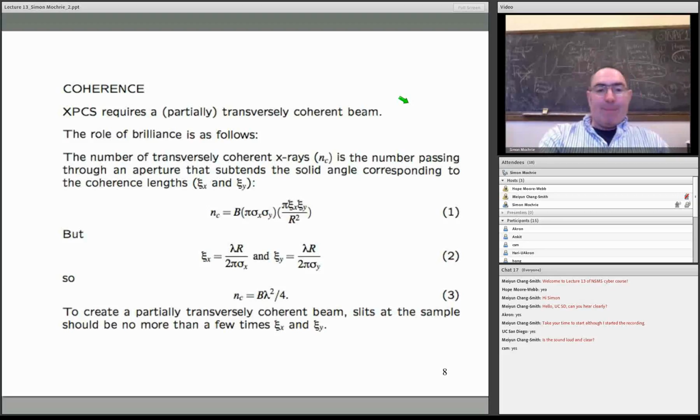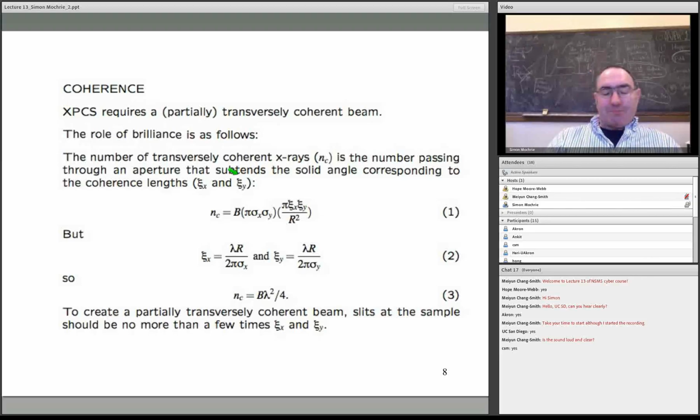And one can actually calculate the number of transversely coherent X-rays in the beam, which is sort of the number of useful X-rays for XPCS experiments. And that's the number that passes through an aperture that subtends the solid angle corresponding to the coherence lengths, which I call ξ_x and ξ_y.